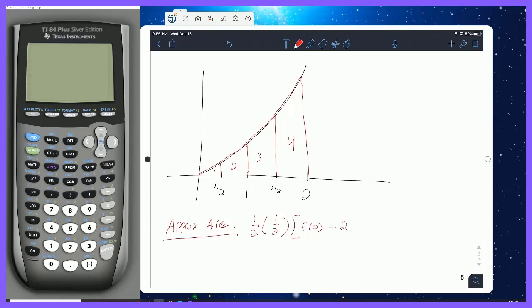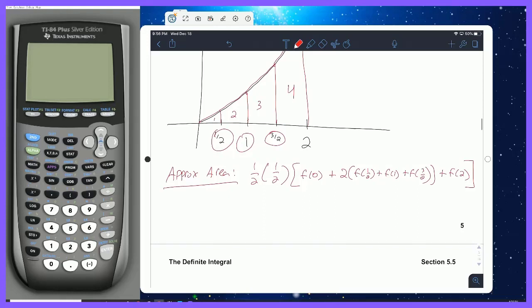So the next base is going to be f of 1/2, followed by f of 1, followed by f of 3/2. Those three bases at 1/2, 1, and 3/2 are used twice in two different trapezoids. Those are the only ones though, so I'm going to stop doubling, and I'm going to add f of 2, which is my very last base used only once.